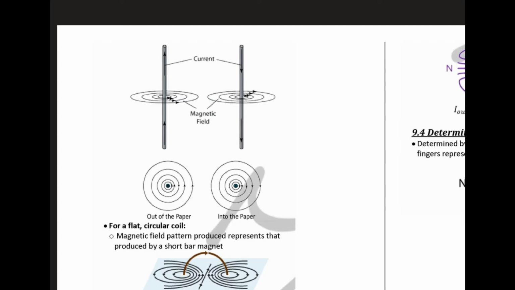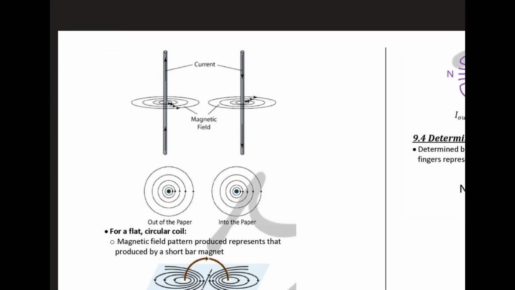On the second page, we can see two examples. The first example is where the current is pointing upwards. You use the right hand grip rule, where your thumb points upwards and your other fingers grip, and you will realize the magnetic field is anti-clockwise.